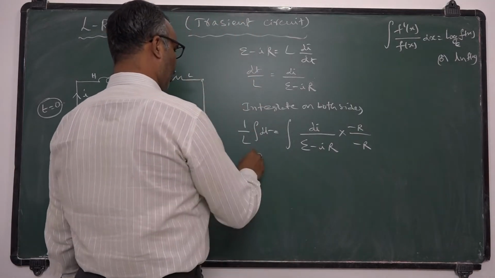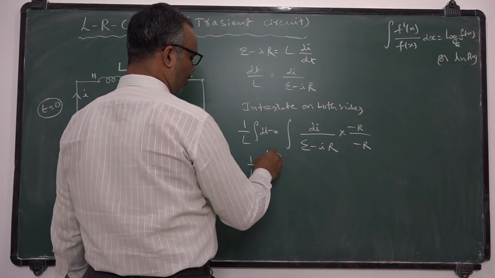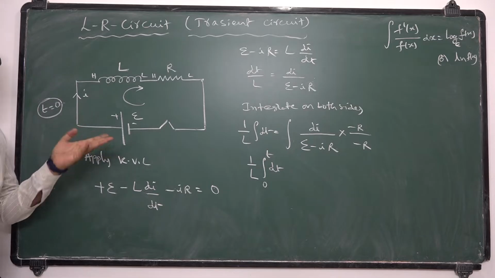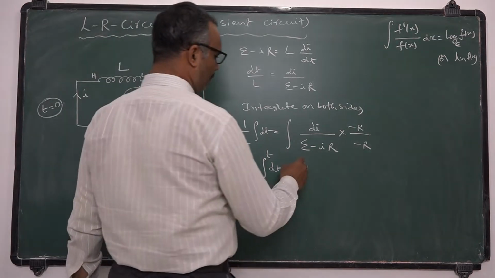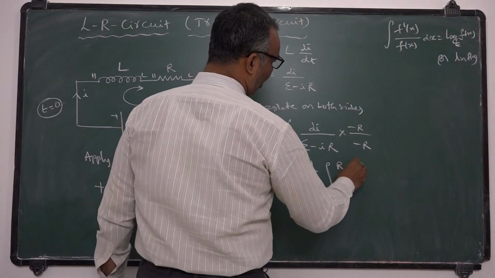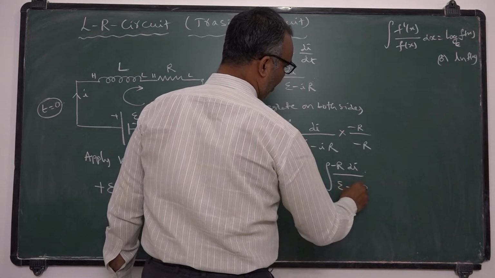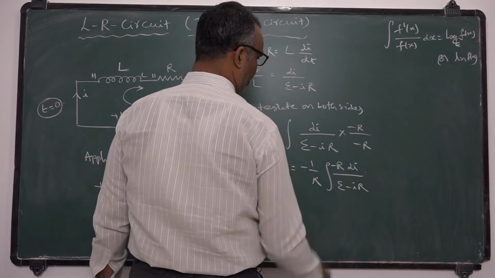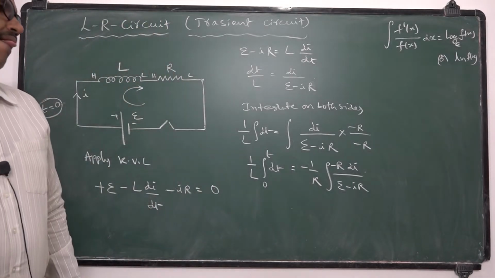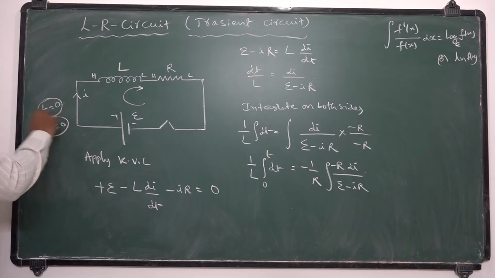So 1 by L integration 0 to t dt, because at time t equal to 0 you switch on the circuit, and after t time you are observing what is going to happen here. Minus 1 by R into integral of minus R di by (E minus IR). Here, who is the variable? Current is the variable. At initial time, the current passing through the circuit is also 0.